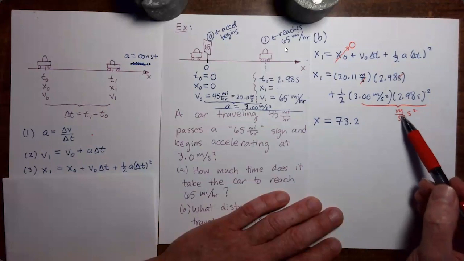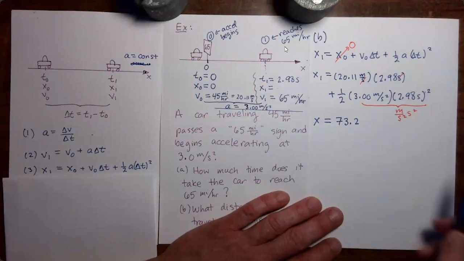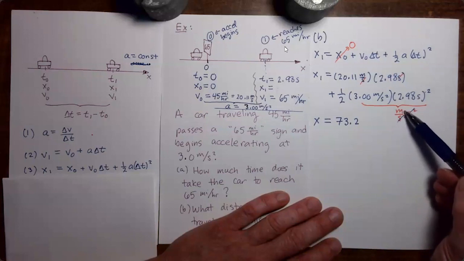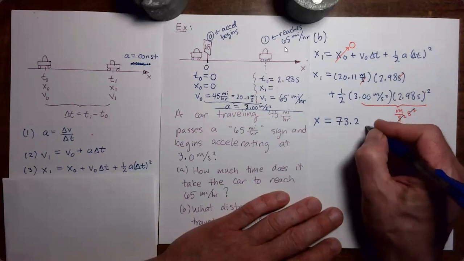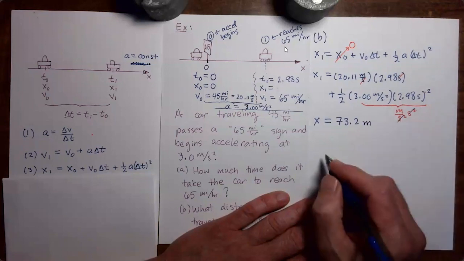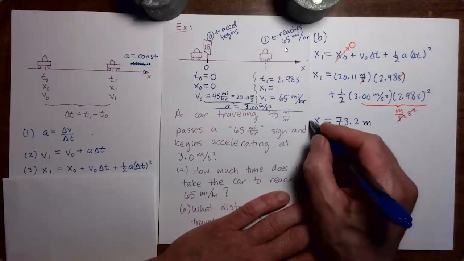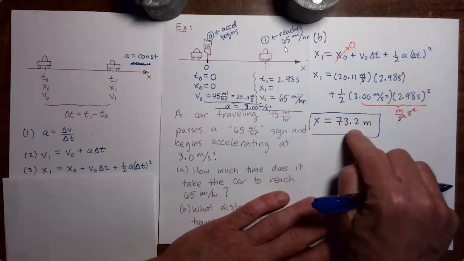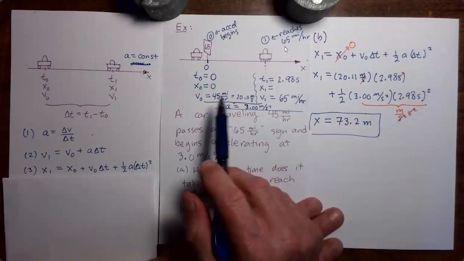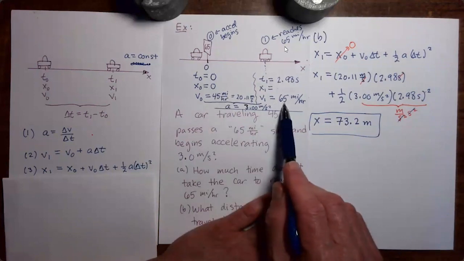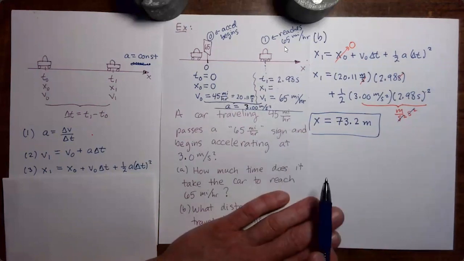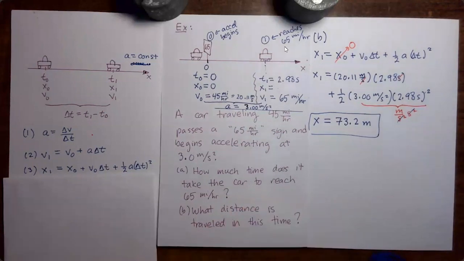So we have meters per second squared times seconds squared, and the seconds cancel. So the unit of the second term is also meters. So here the unit is meters, here the unit is meters. So the unit of the answer is meters. And we have that the car traveled 73.2 meters as it was increasing its speed from 45 miles per hour to 65 miles per hour. And now we have solved our first problem involving an object moving with a constant acceleration.